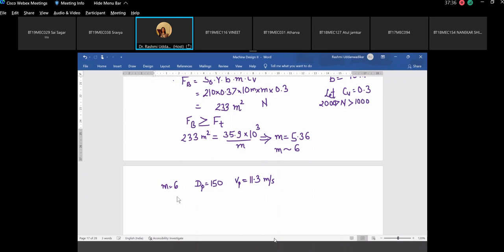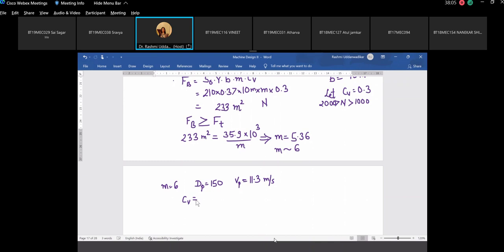Okay, you're telling me the value of VP is 11.28 meter per second. Now, if you have VP, from the design data book, what is the value of CV that we are taking? Refer to design data book table number 16.3 for the velocity lying in the range of 7.5 to 15, which is the class 2 carefully cut gears.